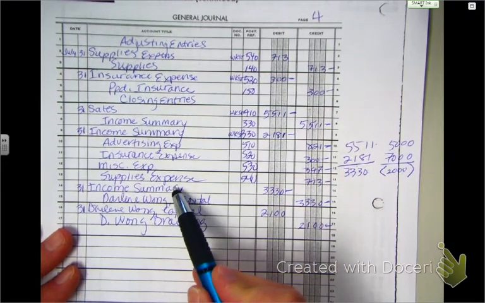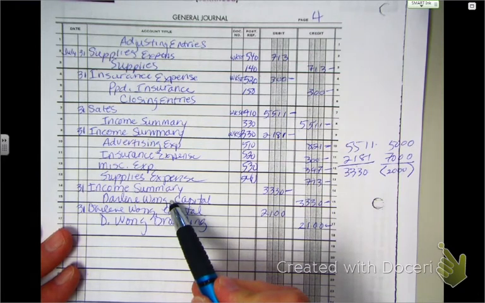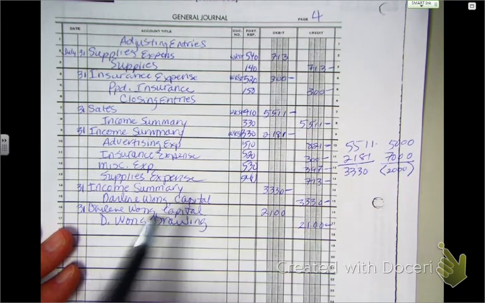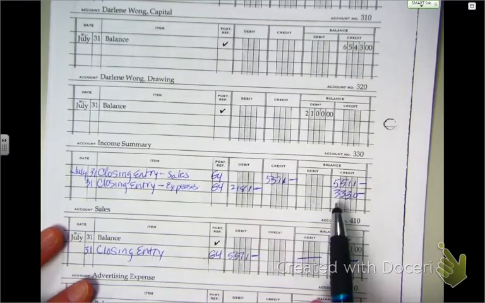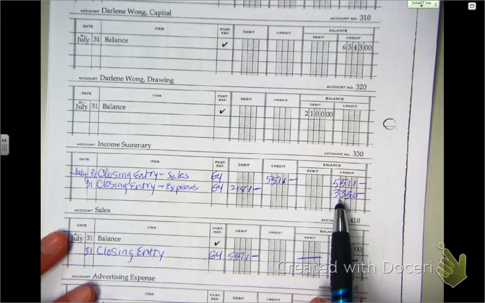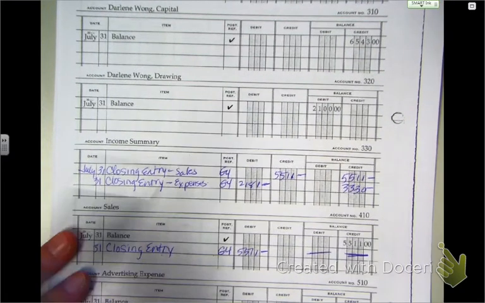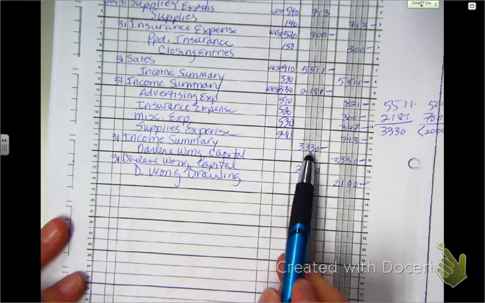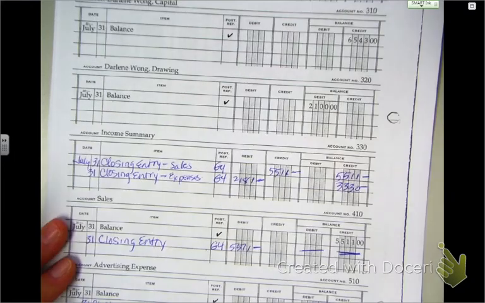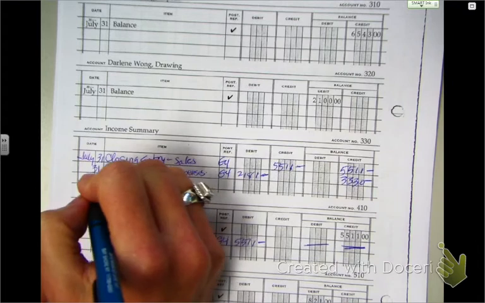Next, we're going to close out our income summary to our capital account. So we go back over to our income summary account in the ledger, which is here. And now, if it's got a $3,330 credit balance to close it, we have to debit it, which is what our journal entry says. Debit income summary for $3,330. So we're going to close it.